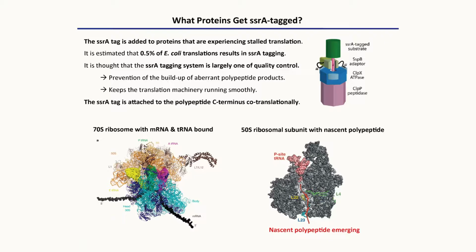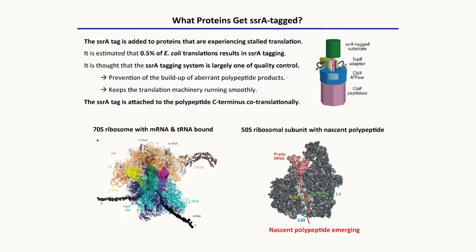So it's estimated that on the order of 0.5% of E. coli translations result in SsrA tagging. And so this is thought to be largely one of quality control, right? So you can imagine if the ribosome stalled, there could be buildup of polypeptide products that aren't wanted, and the translation machinery could get blocked, and we don't really want that to happen here.